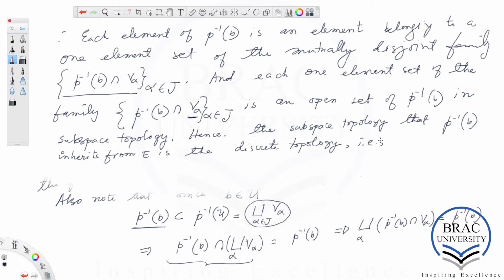That is, each subset of P inverse B is open and closed at the same time. That is, in other words, all subsets of P inverse B are both open and closed, which is the definition of discrete topology.